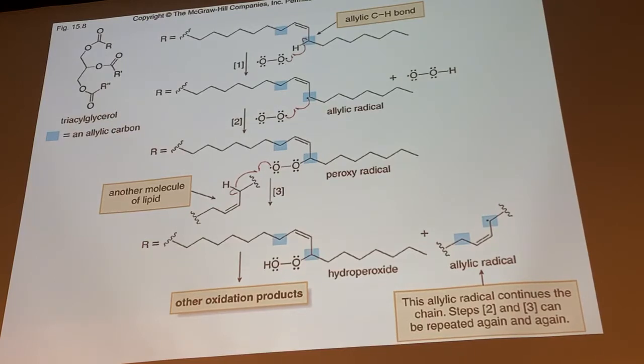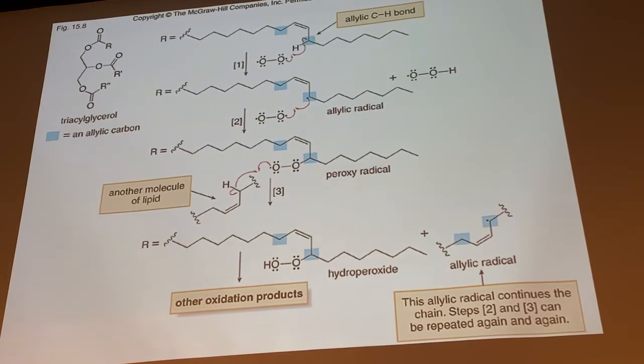And so this is the reason why consumer products companies will reduce, or at least partially reduce, the unsaturated fatty acids to reduce the number of allylic carbons present in those molecules to slow down that oxidation process, the process by which they go rancid.